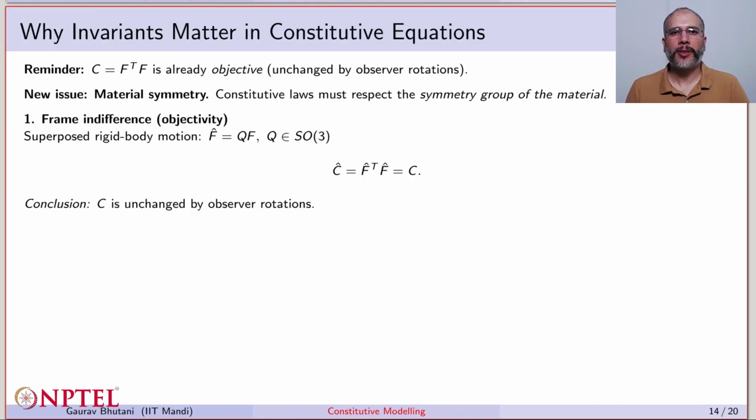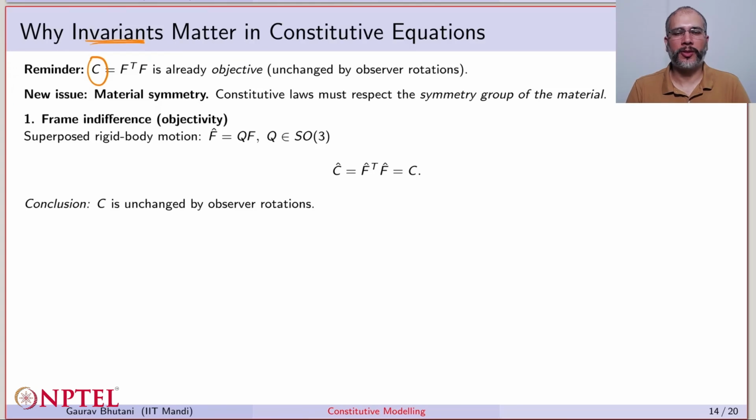Now in continuation to that, we discussed the idea about why the invariants of a quantity matter when talking about constitutive equations, and this idea is linked to the idea of material symmetry. So let us have the discussion in terms of the quantity C, which is actually the quantity that is used for finite deformations.